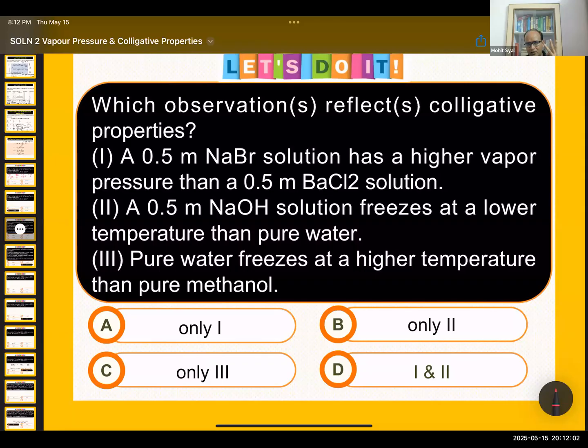Colligative properties are boiling point elevation, freezing point depression, osmotic pressure, and relative lowering of vapor pressure. And they come into picture if you add some solute to a solution.